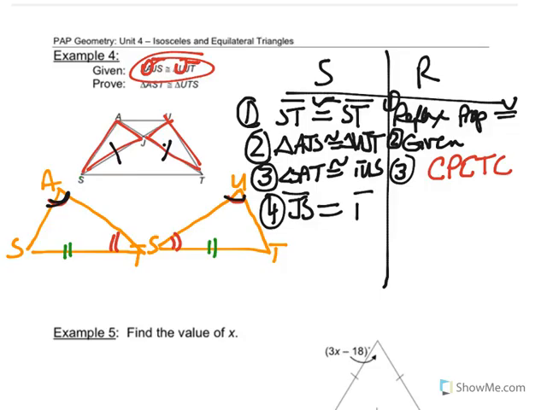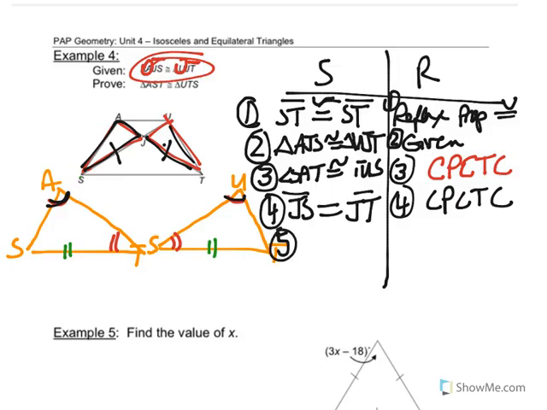And how do we know that? Same reason, because we're still basing that off of these small triangles right here. So, CPCTC.